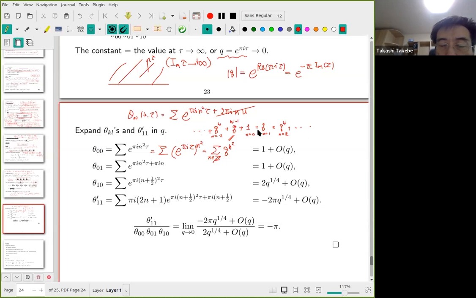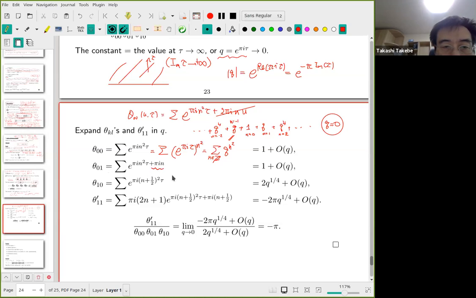And we can regard this series as a Taylor expansion of some function around this point. And the leading coefficient, the leading term of this expansion, is of course 1. For theta 0 1, it is the same.